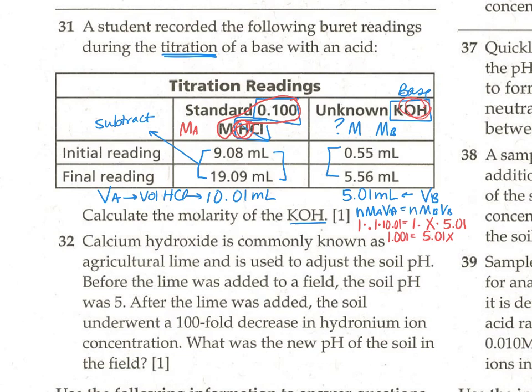So 1.001 divided by 5.01 gives us x equals 0.199, so we'll say 0.2 molar. So anytime you're given lab data with a titration, the amount used is found by subtracting the initial amount and the final amount. So you can't use those numbers that are in the data table directly.